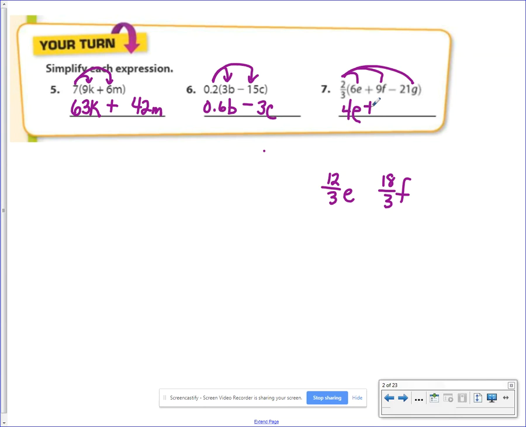That simplifies to a 6. And then this is negative 21 times 2/3. Negative 42/3. That's negative 14g. Okay, cool. All of these variables are different, cannot combine them.